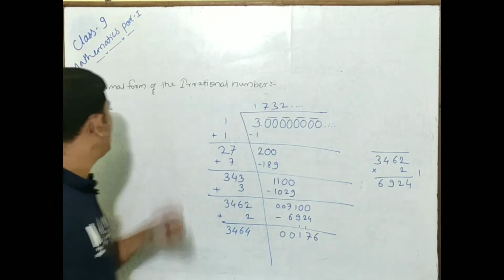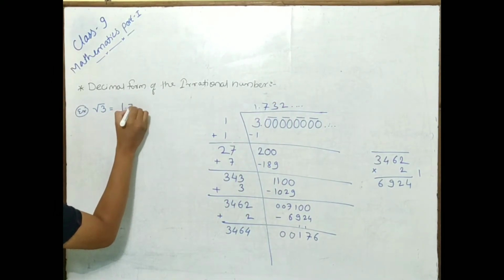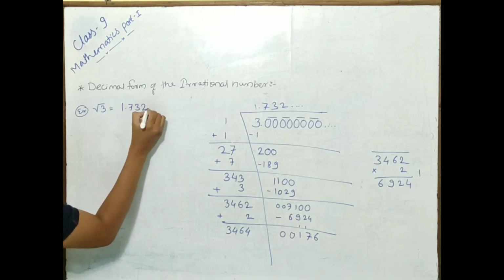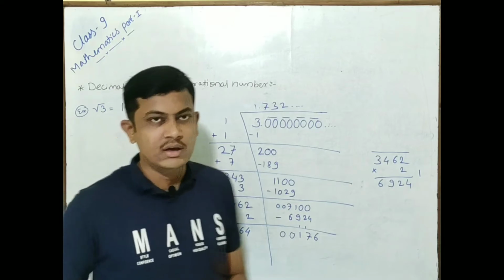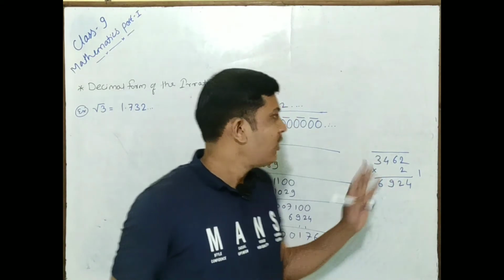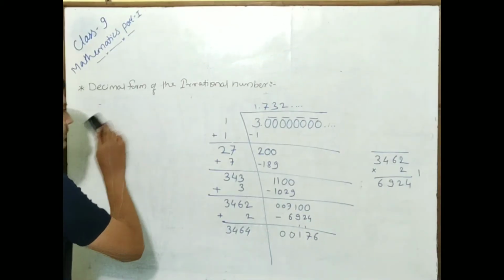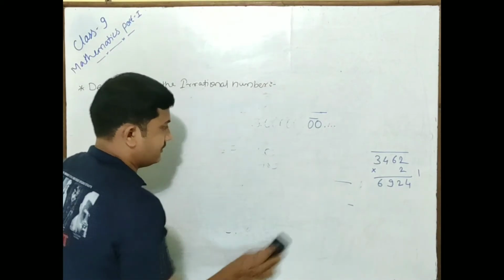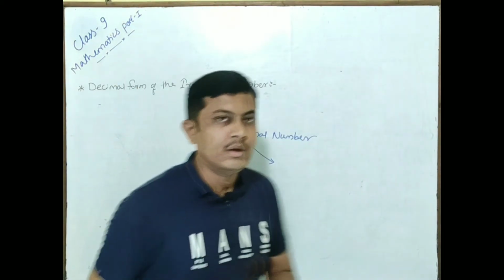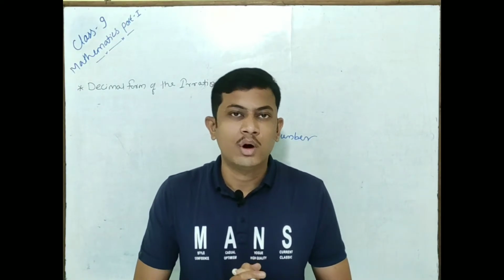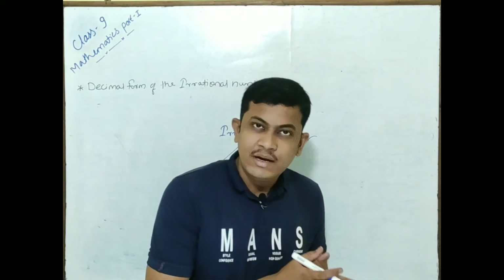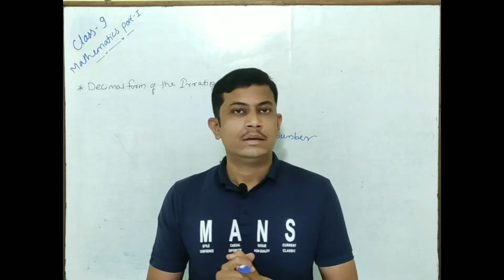Therefore, the value of root 3 is what? 1.732 dot dot dot. That is infinite, non-terminating and non-recurring. So let's see what we have observed here. When we studied rational numbers, the decimal expansion was what? Either it is terminating or non-terminating recurring.